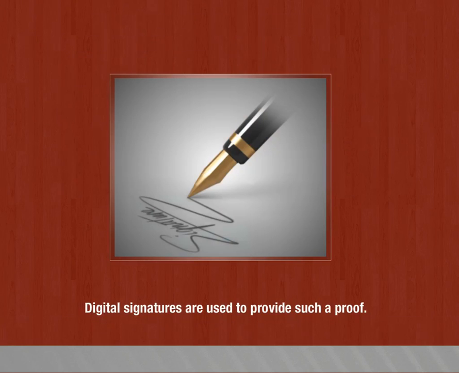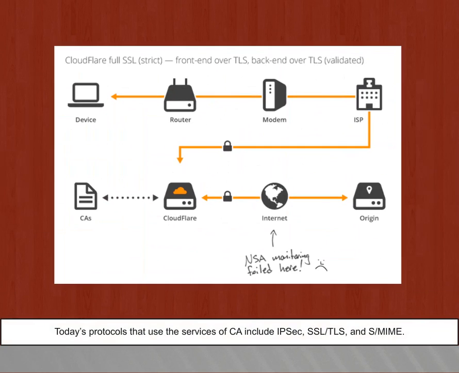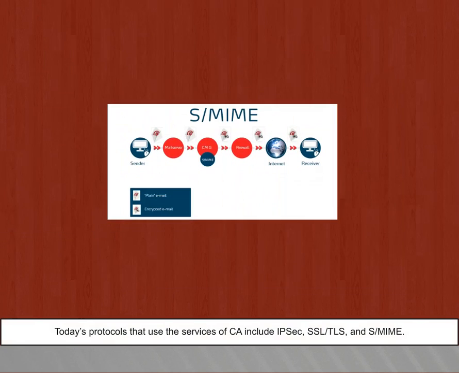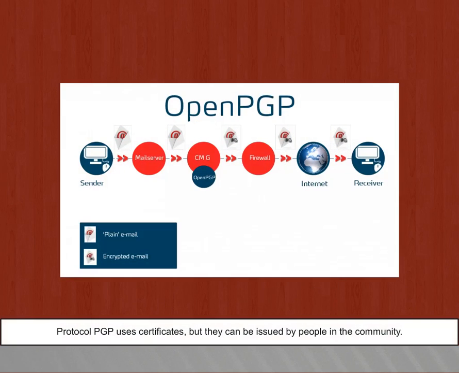Digital signatures are used to provide such a proof. Today's protocols that use the service of CA include IPsec, SSL or TLS, and S/MIME. Protocol PGP uses certificates, but they can be issued by people in the community.